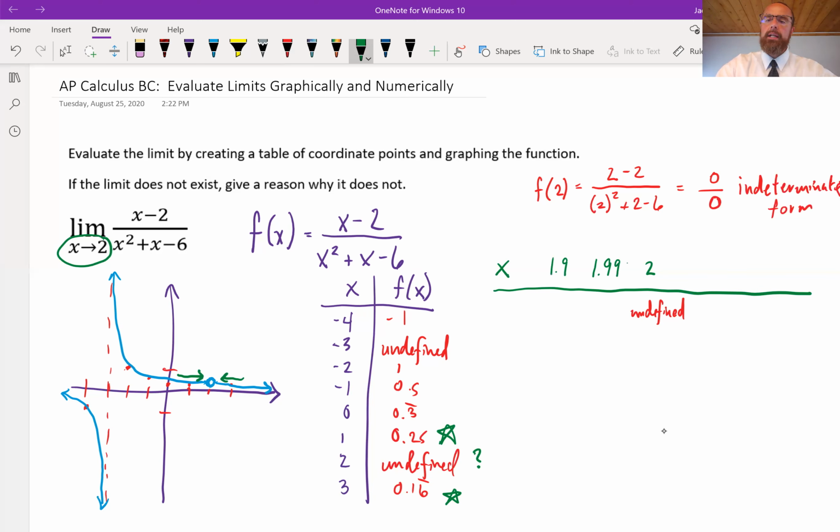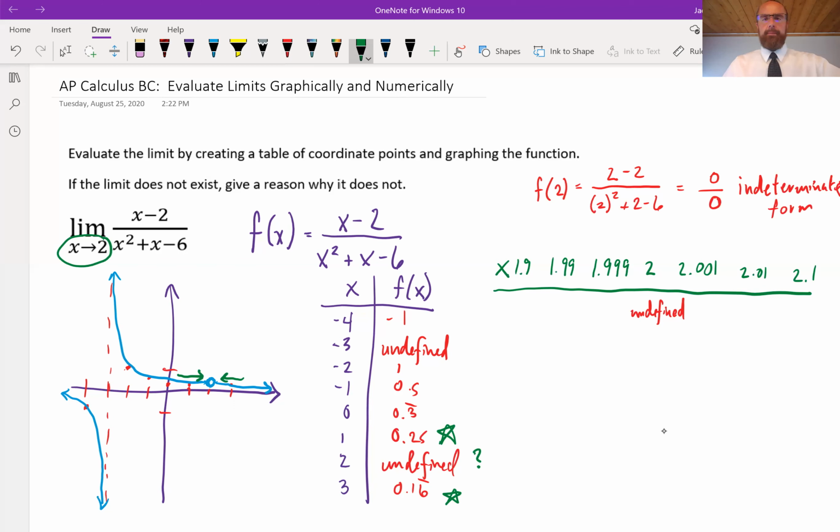Let's go 1.999, 1.99, and then we'll also find 1.9. So we're going to find 3 values there on the left. Now I want to see what the values are on the right as well. So I'm going to go 2.001, 2.01, and then 2.1.